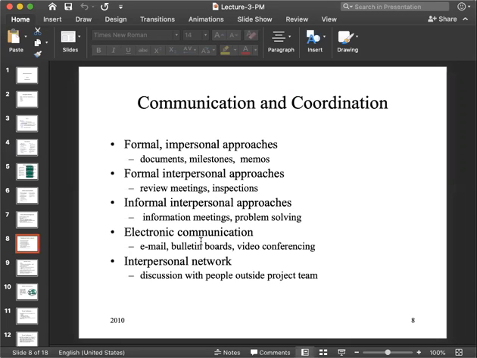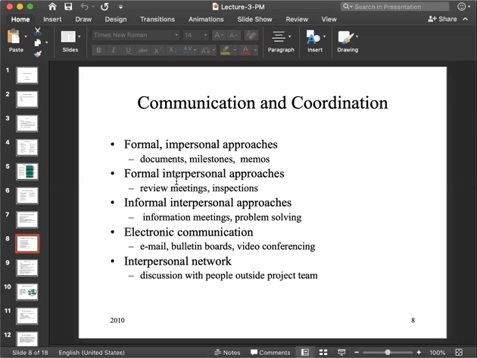So formal means the communication will be written, there is no talking in there, so that is called the formal impersonal approach. And the formal interpersonal approach means it is also written, but the written part is in a meeting. If you are contacting a person, you take the requirements from the person and write them down, but you are talking person to person, and you are writing it.